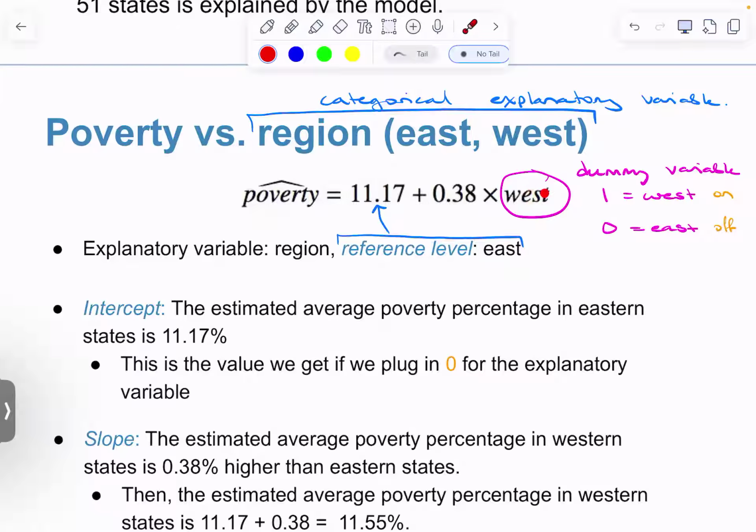Put in a 0 for west, then you're left with 11.17. And then if you turn west on, flick a switch, and you plug in 1, then the predicted percentage in poverty for the West is 11.17 plus 0.38 times 1, which would just be plus 0.38.